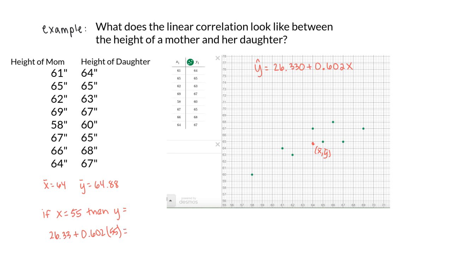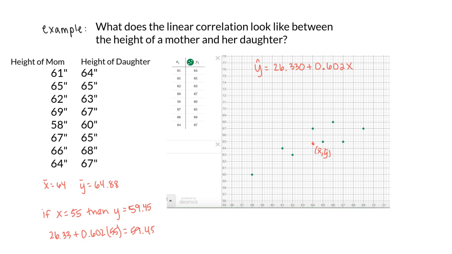The output here gives us 59.45 if we round to 4 decimals. So according to this regression equation, we can predict that if a mother's height is 55 inches, her daughter's height should be 59.45 inches. And that is another point that's going to live on this regression line.